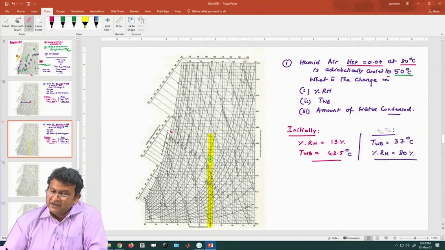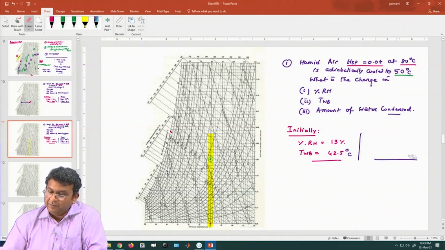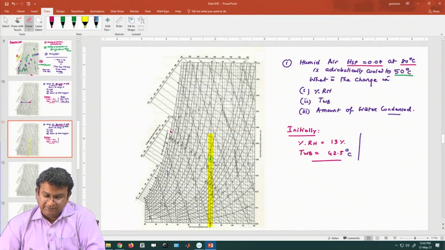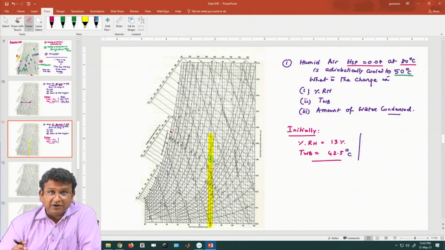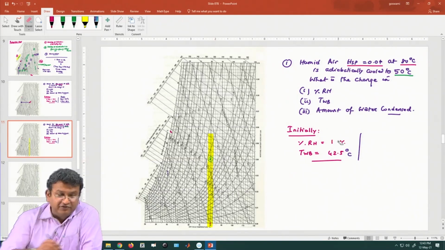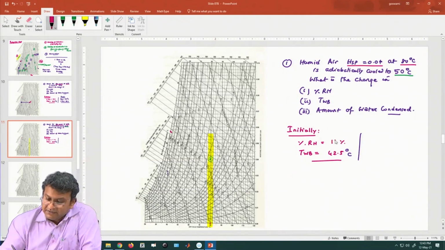Since the initial condition is the same even for this particular problem, you can again cross check. Probably we took a wrong point in the previous case because of the mix up. So, this is a problem, particularly if you are doing it online, be very careful. We probably see the relative humidity is not exactly 13%, but it is close to 14%, closer to the 15% line.